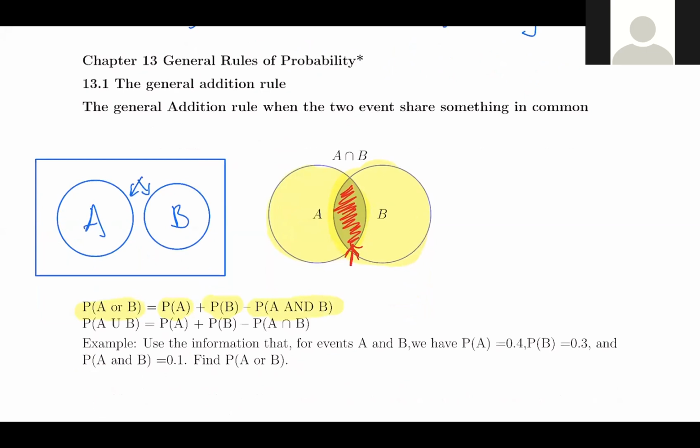The only difference is that instead of putting "or" and "and," I'm putting the notation. Instead of "or," I'm putting the symbol for or, which is the union. And for "and," I'm putting the symbol for and, which is pretty much the upside down U. So that's the formula we're going to be working on today. Any questions in regard to the formula?